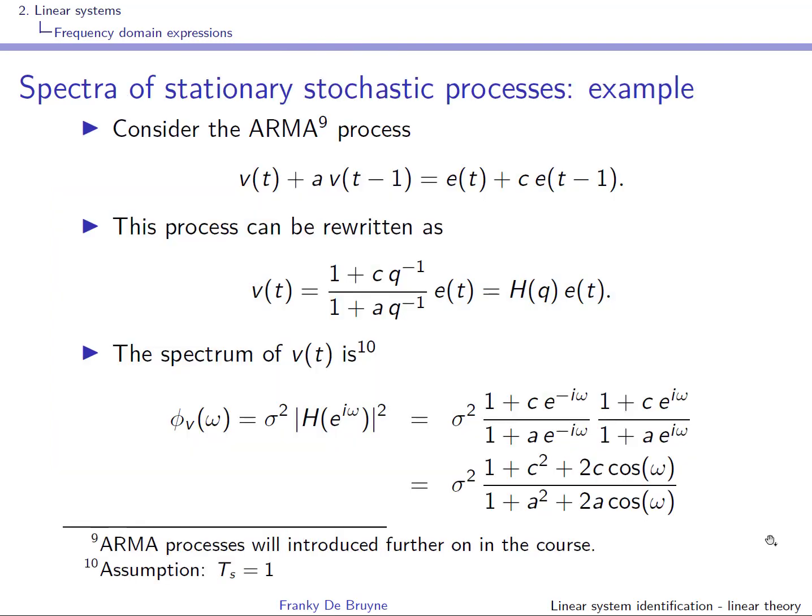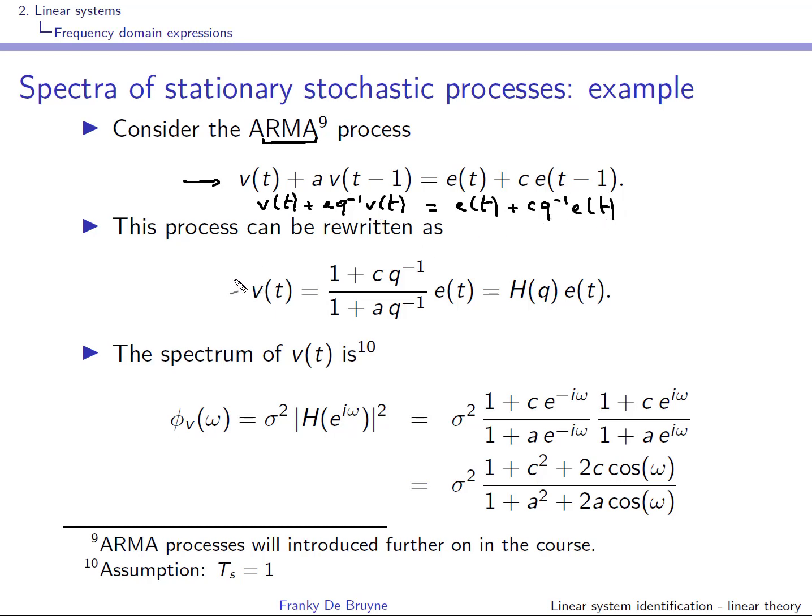So let us apply this on an ARMA process that is described by this equation over here. Using this backward shift operator, we have this equation, which is equal to e(t) plus c q^-1 e(t).